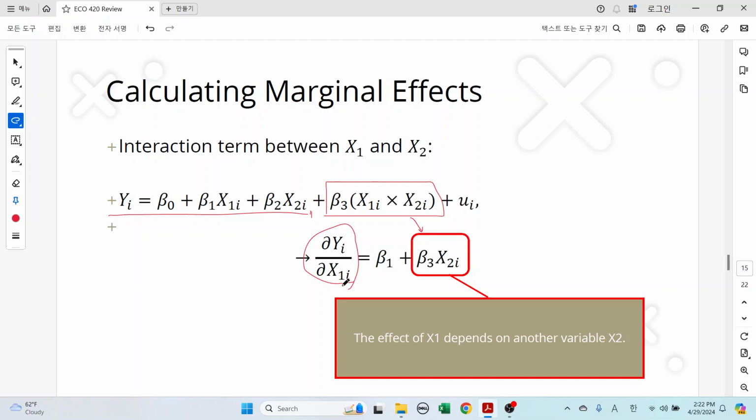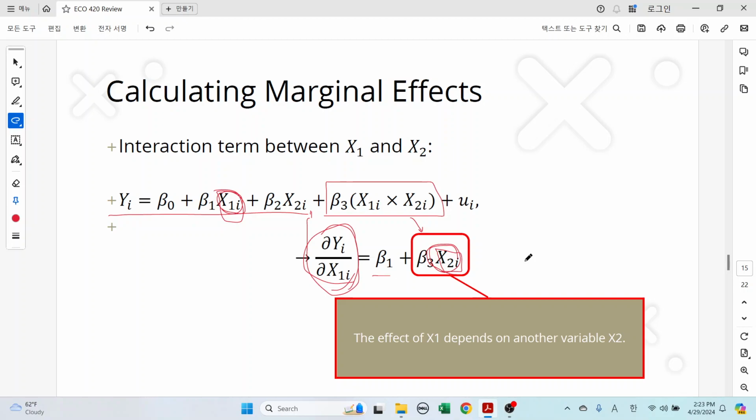That means the effect of x1 on y is not just beta 1, but plus something that depends on another variable. So the effect of x1 may differ across different values of x2, right?